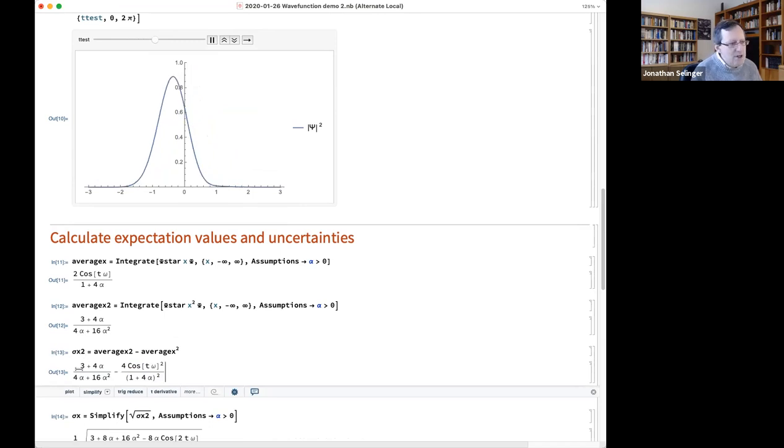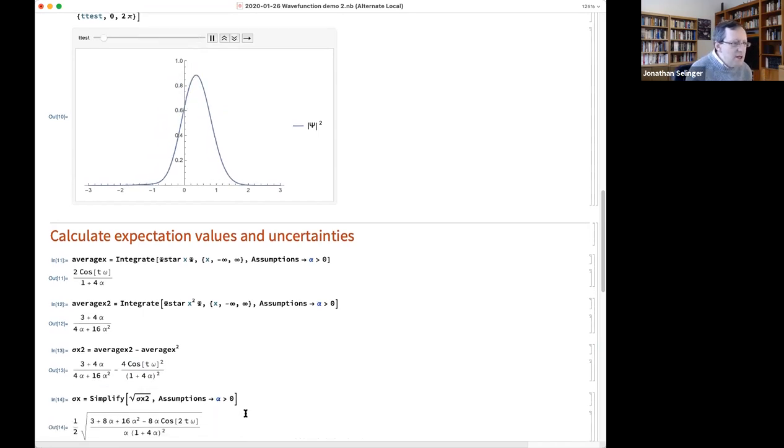Okay, so that has this time dependence. And then if I go to take the square root of that, here's the standard deviation of X. That's the uncertainty in X. And it has a little bit of time dependence. It gets wider and narrower, right?